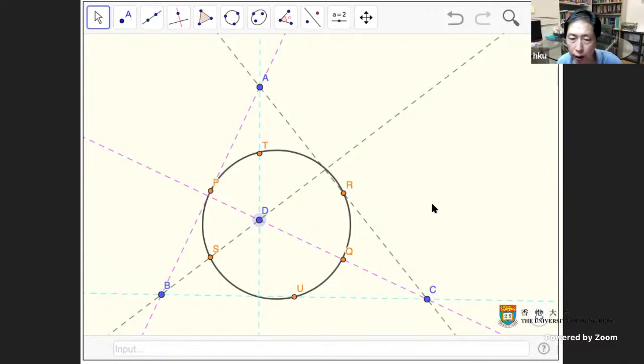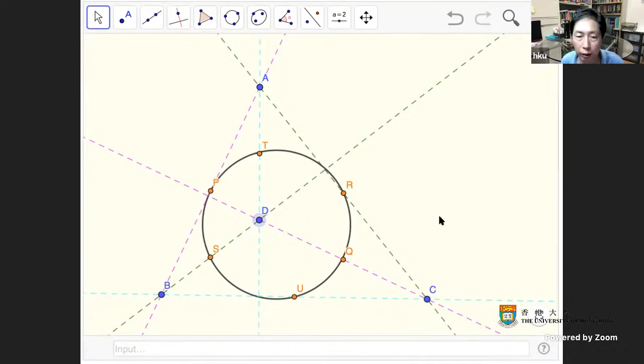If you're interested, you may also have a look on your own and think about what else you can observe in this figure, or what questions you may ask, or maybe some explanation you want to give due to your findings. After your own trial, you may follow the rest of my video to see my sharing as well.